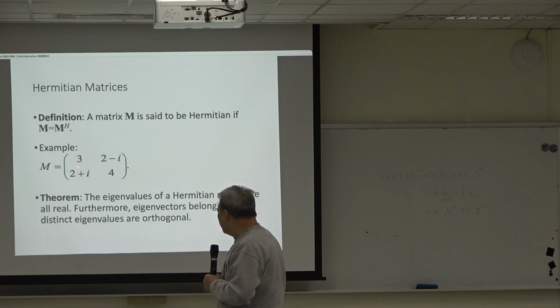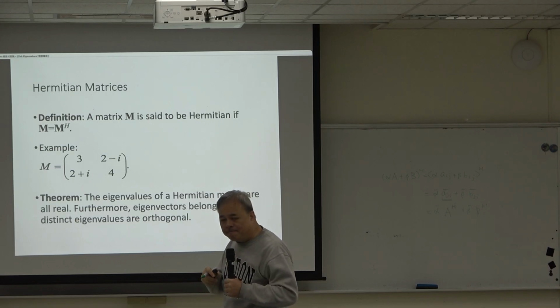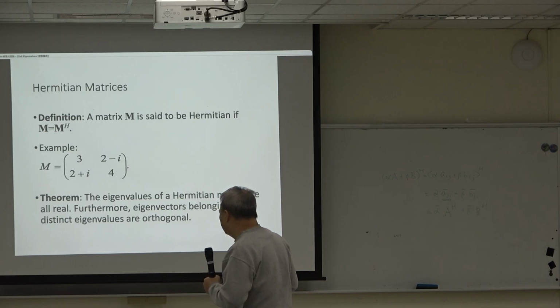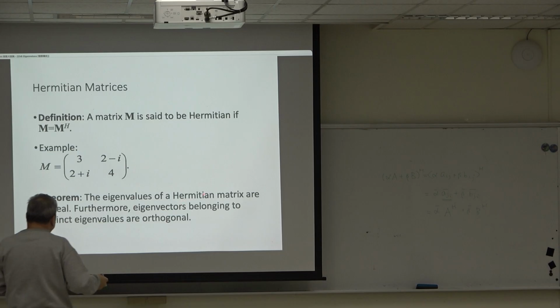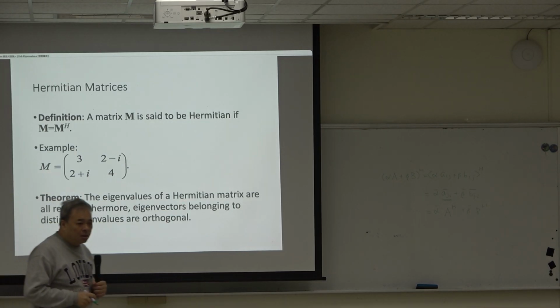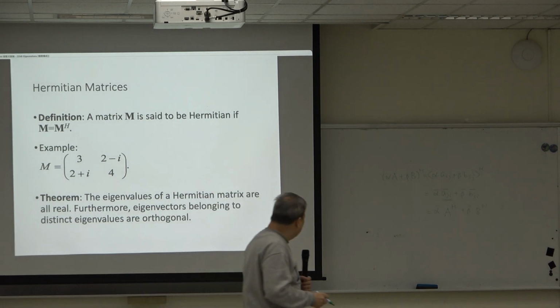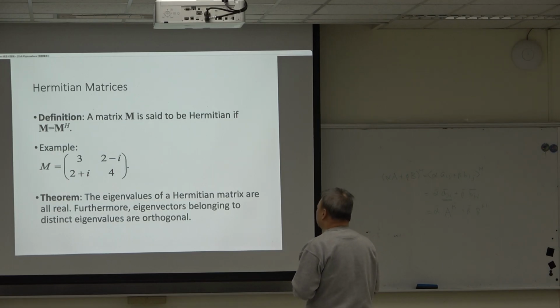And then, once we have this definition, there are some interesting results. The eigenvalues of Hermitian matrices are all real. Further, eigenvectors belonging to distinct eigenvalues are orthogonal.